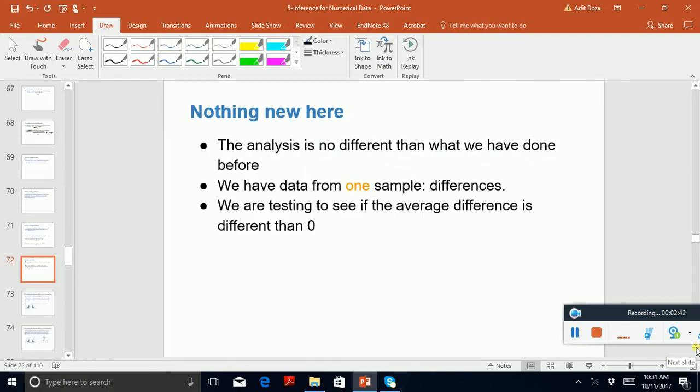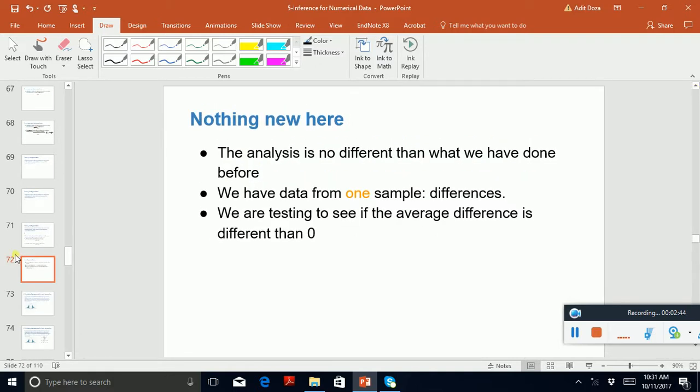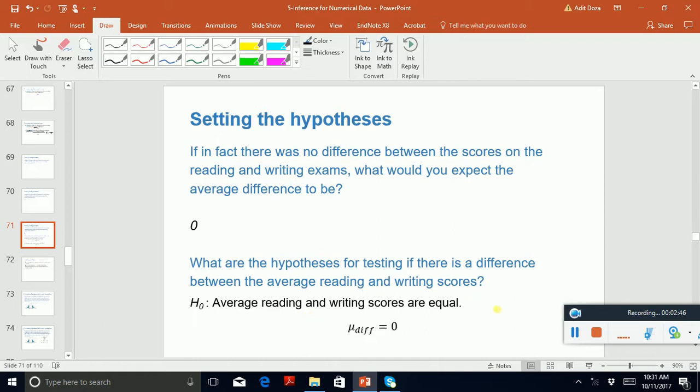So what are the hypotheses for testing if there is a difference between the average reading and writing scores? The null, you guys are agreeing that if we are saying there is no difference between the scores, the null is 0, right? There shouldn't be any difference. So the null should be that the difference is 0.